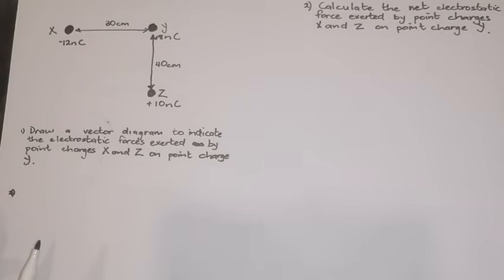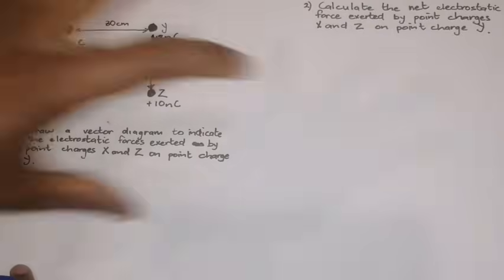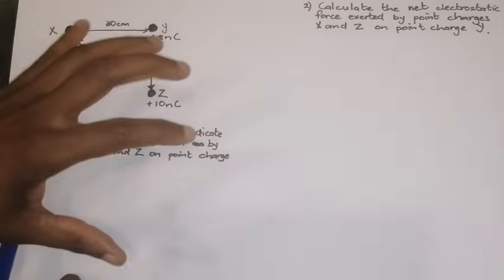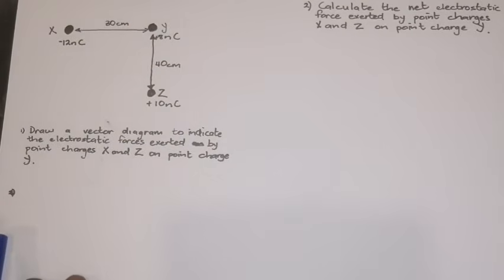I got this question from one of my learners and I thought let's use it as our first example of calculating the net force in two dimensions. I copied the question into this pad here because in our last video we had a bit of a challenge with seeing from a question paper.